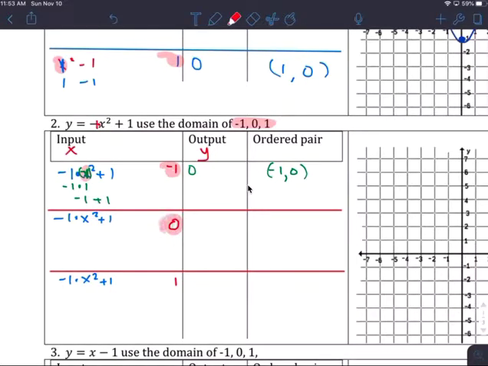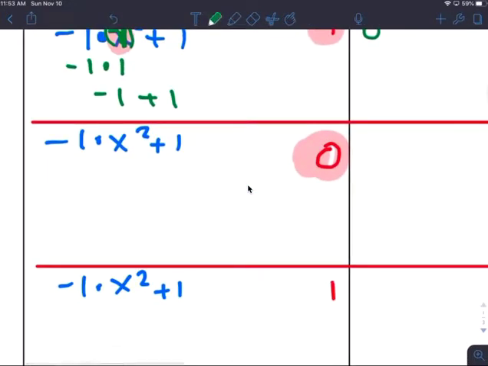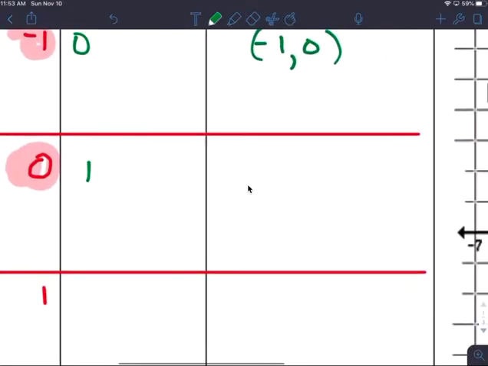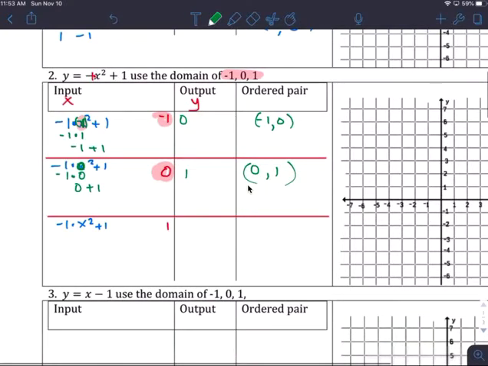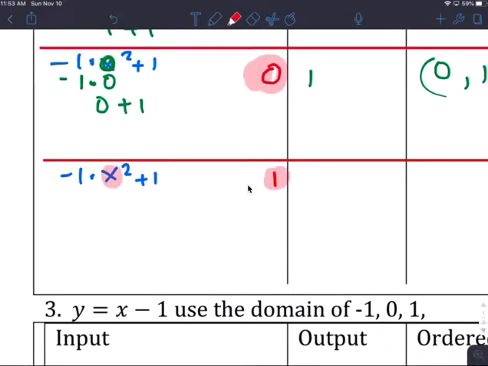Next one, you put 0 where x is. We call that substitute. Substitute 0 where x is. 0 squared is 0 times -1 is 0 plus 1 is 1. So your ordered pair is 0, 1. Okay, next one, you put in 1 where x is. So 1 squared is 1 times -1 plus 1.